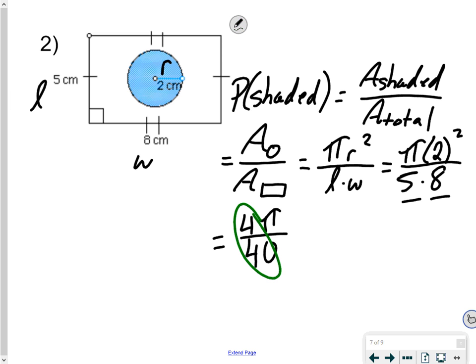And 4 divided by 40, or 4 over 40, is just 1/10. So we have pi over 10. If we type that into our calculator and round, and I'm rounding to the thousandth here, we have 0.314, or 31.4%.